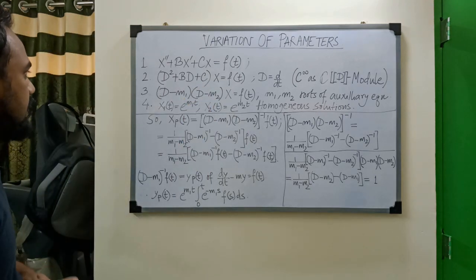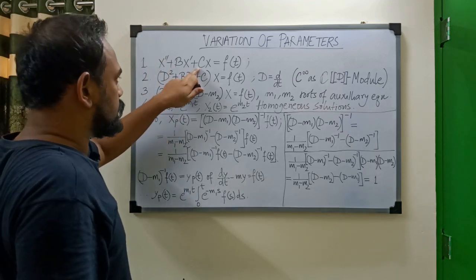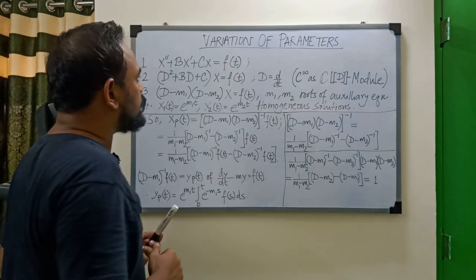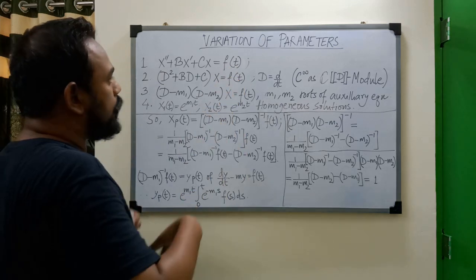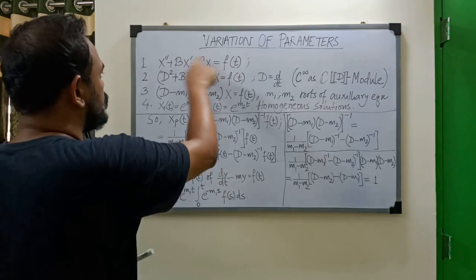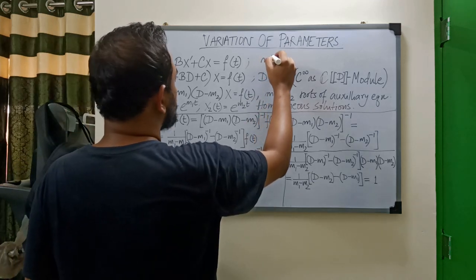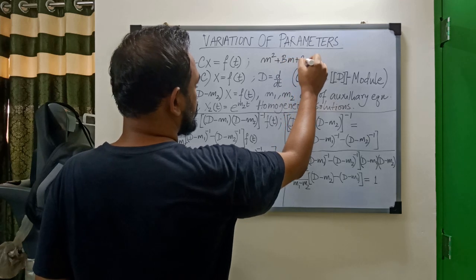Just as, if you write down the homogeneous differential equation for this, it would be just with the right hand side as 0. And so the auxiliary equation for the homogeneous part of this equation would be m squared plus bm plus c equals 0.